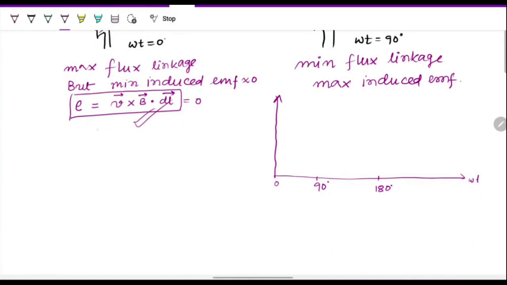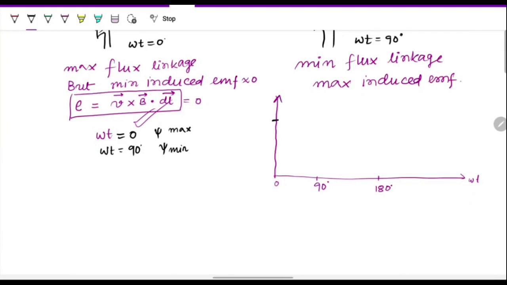So when omega t is equal to 0 degree, we are having maximum flux linkage. So it will be somewhere here. And when omega t is equal to 0, psi is maximum. When omega t is equal to 90 degree, this psi, that is the flux linkage, will be minimum.